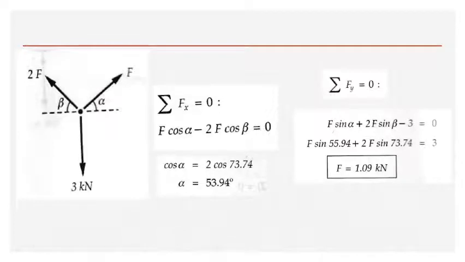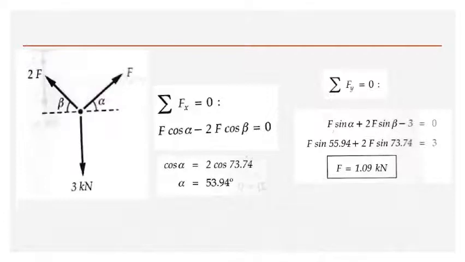See here, you try to solve this by Lami's theorem. It would not be easier. Please remember that whenever the angle is unknown, don't solve by Lami's theorem. It is better you apply the conditions of equilibrium. If the angles are unknown, it is difficult to solve by Lami's theorem.